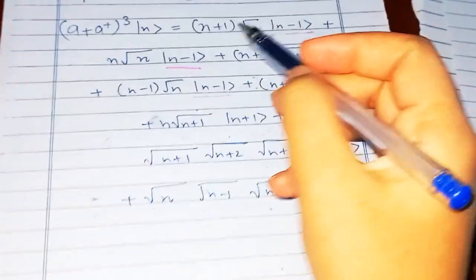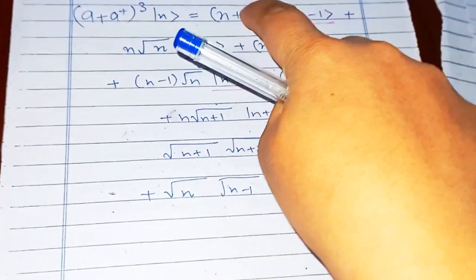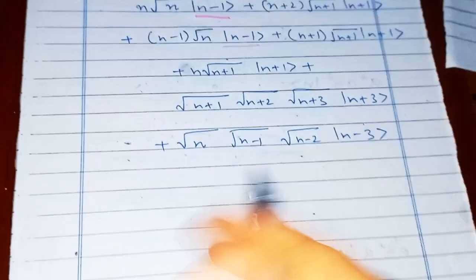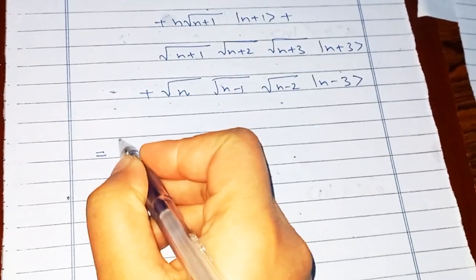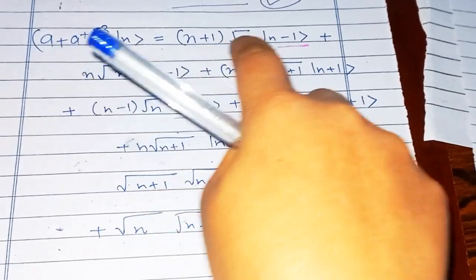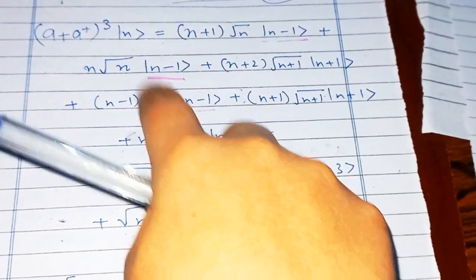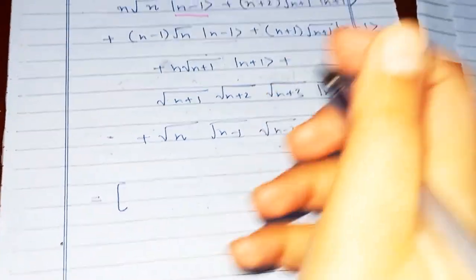So let's do that. For the first cat, which is n minus 1, we will take cat common and the constants will be inside the bracket. Another thing that we can see is common in here is under root n. You can see that under root n is common among them, so we can take under root n common as well.